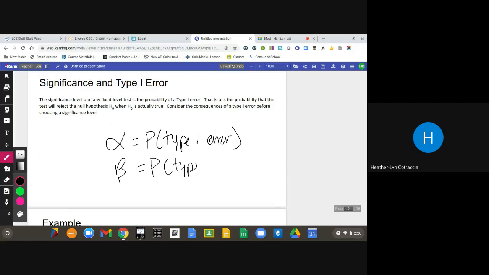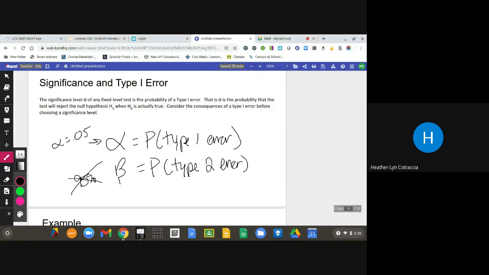You're very rarely, if ever, asked to find the probability of a type 2 error, and they're not complements of one another. So let's go back to that last one where alpha equaled 0.05. It doesn't mean that you have a 5% chance of making a type 1 error and a 95% chance of making a type 2 error.